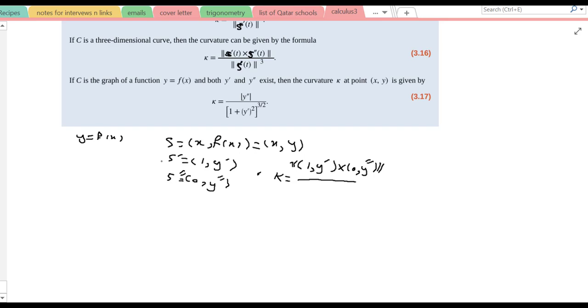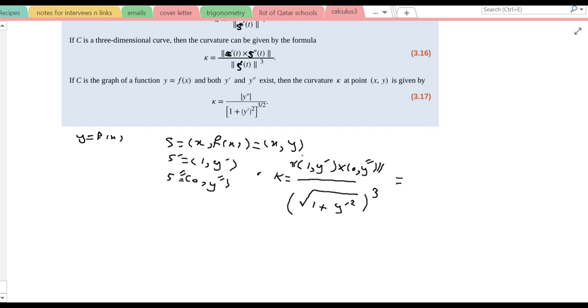The norm of S prime will be the radical of 1 to the power 2 plus y prime to the power 2, to the power of three halves.